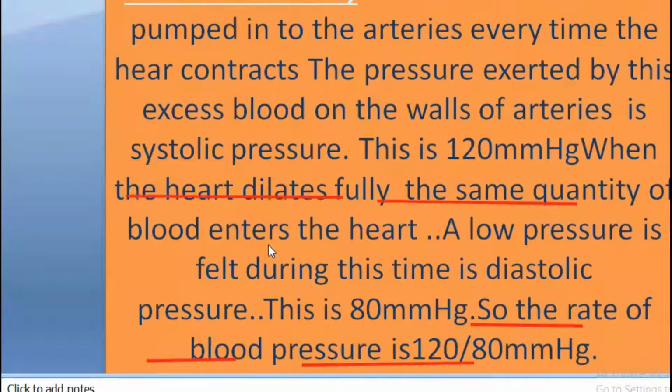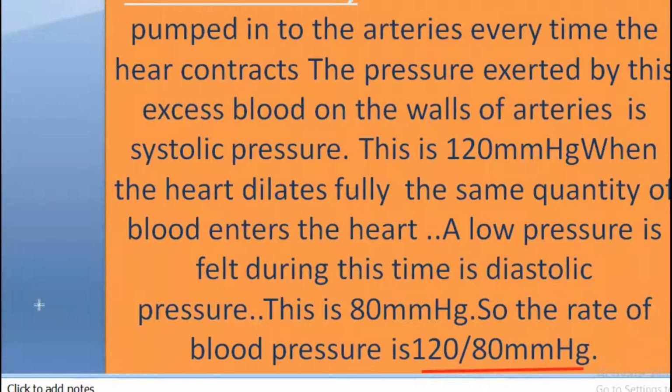That is 120 by 80 mmHg. So 120 mmHg is systolic pressure and 80 mmHg is diastolic pressure.